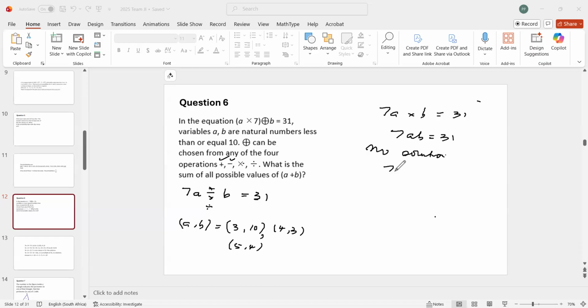And the last one is 7A divided by B equals 31. And there you have 7A is equal to 31 times B, right?